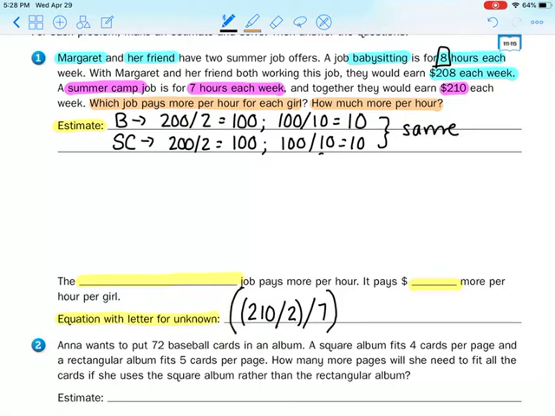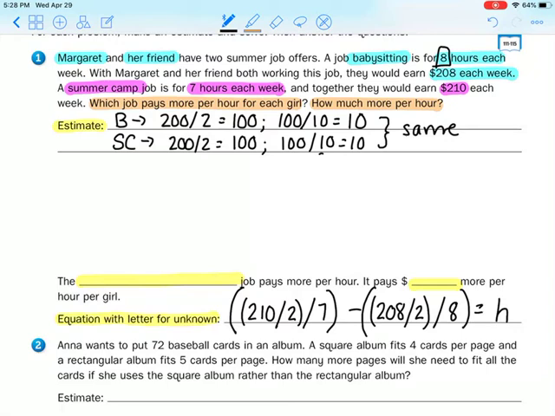And I'm going to put that in bigger parentheses. So now we're finished with summer camp. Minus how much they made for babysitting, which was $208, split between two girls, so you're dividing. And then that's being divided again by how many hours they worked, which at babysitting is 8 hours a week, equals H for hours.